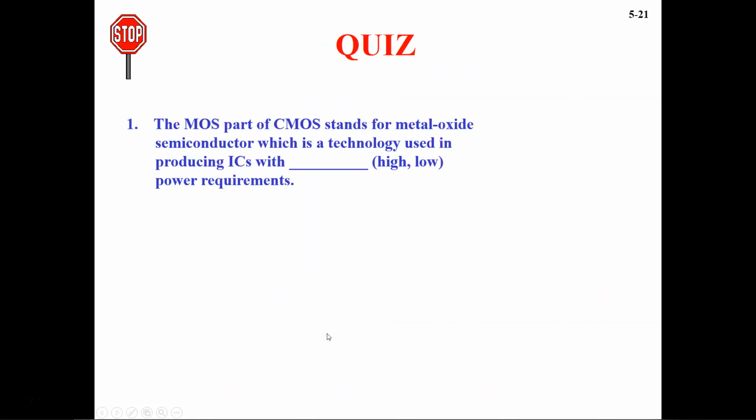Now let's do a quick quiz. The MOS part of CMOS stands for metal oxide semiconductor, which is a technology used in producing ICs with high or low power requirements. It's going to be low power requirements, because that's the desirable requirement.